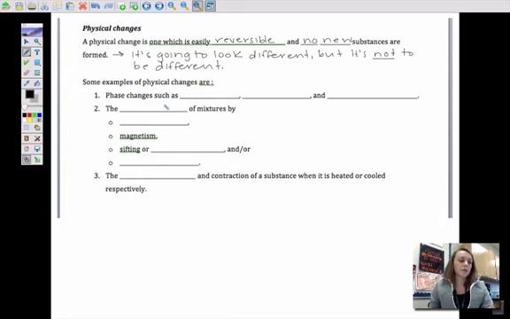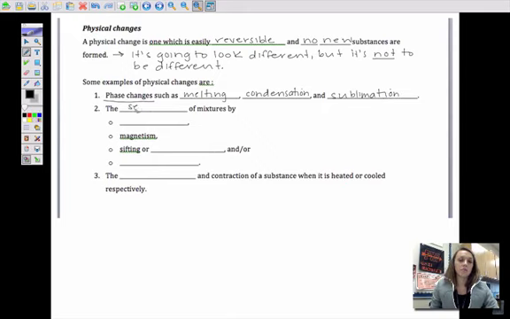So some of the examples of physical changes which we're going to be really familiar with are the phase changes we talked about in our last target, such as melting, going from a solid to a liquid, condensation, which is going from a gas to a liquid, and sublimation, which is going from a solid to a gas, or vice versa.